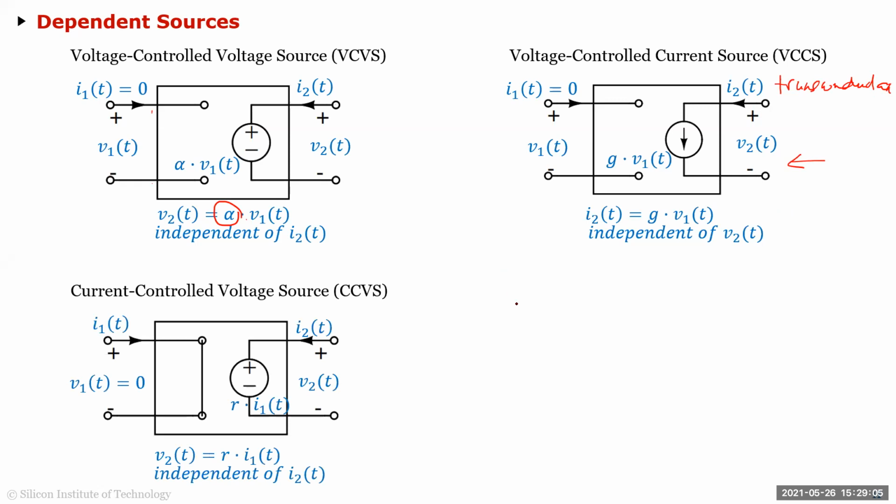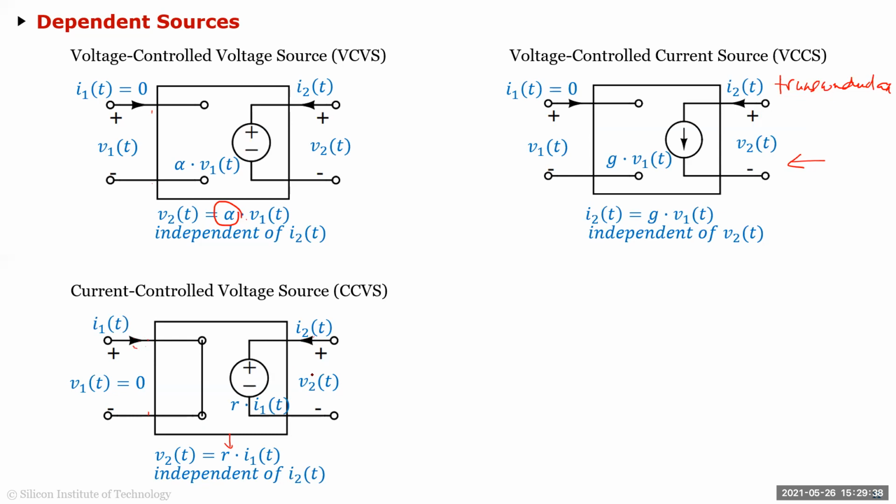The current controlled voltage source: the output voltage is some R times the input current flowing. In this case, the input voltage here is 0, so it's an ideal short, and whatever current is flowing through it, the output voltage is some R times that I. Again, no matter what the current is flowing through this, the voltage is always R times I1(t).